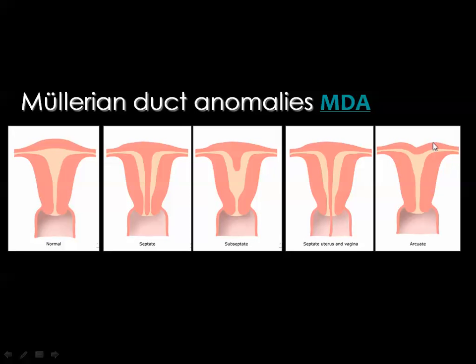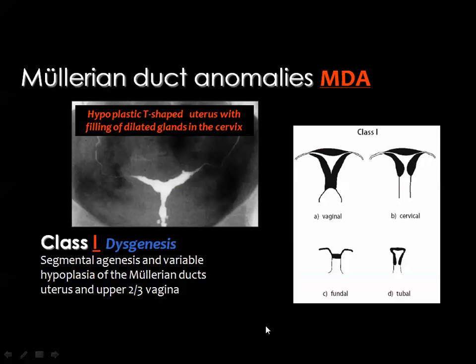And finally, you get the arcuate uterus with some fundal depression, but the configuration of the uterus, the cavity, and the cervical canal are maintained. We start by group 1 or class 1 uterine anomalies, which are known as dysgenesis of the uterus.